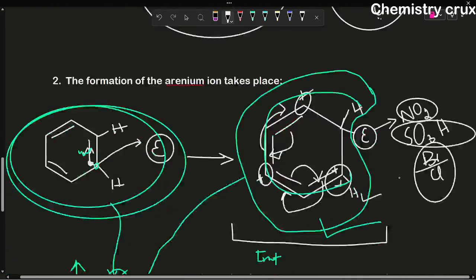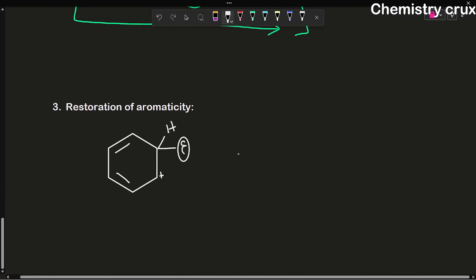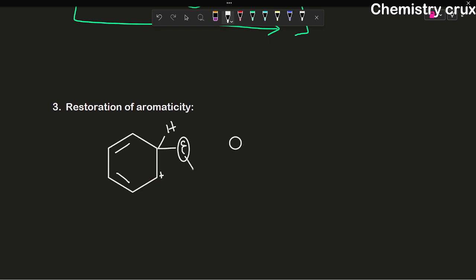Now that base will come into play in the third step. Let us take sulfonation or nitration into consideration. This electrophile is either the nitrate, or it is the sulfate, SO3H. Now this can be either of two.